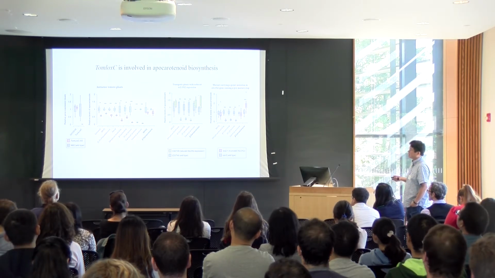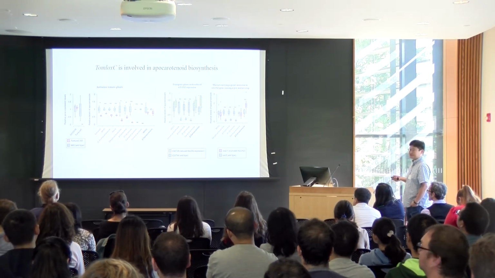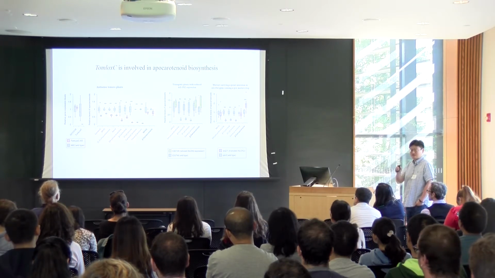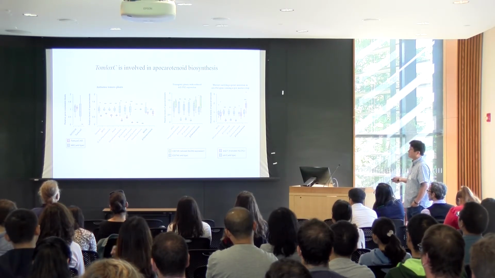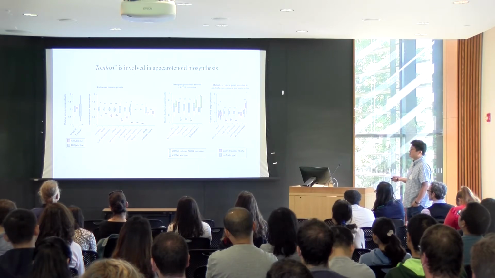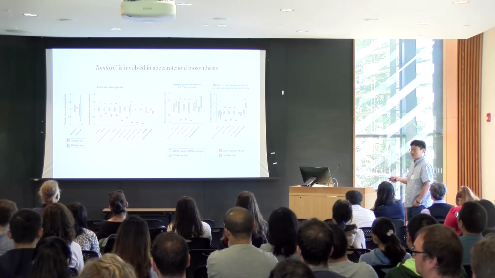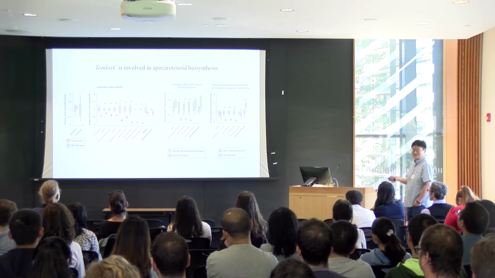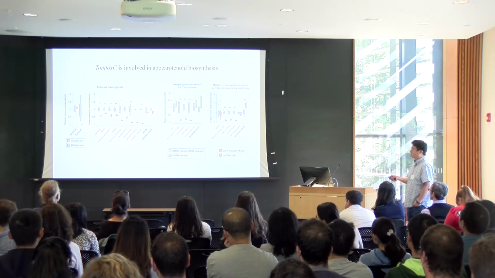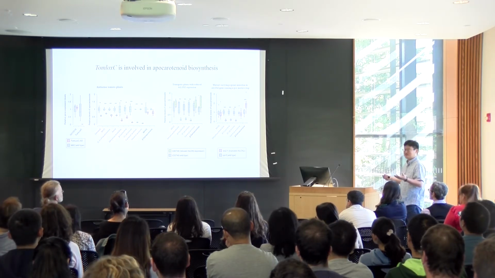And we can see that the expression of that gene was not changed. But the expression of TomLoxC in the antisense lines was highly decreased. And we found all these 9 apocarotenoids mapped to that region were decreased, and the 2 not mapped to that region did not show changes.